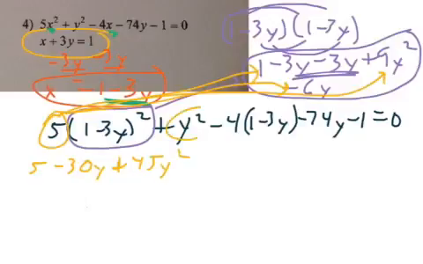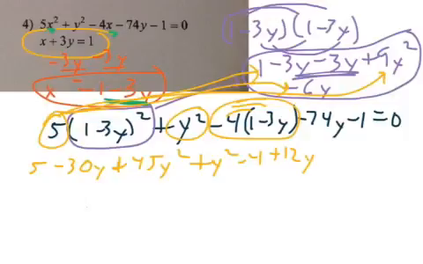I still have right here a plus y squared. Right here, I'm going to do my own distributive property again. That's going to be a negative 4, that's going to be a 12, plus 12y. I still have right here negative 74y minus 1 equal to 0.